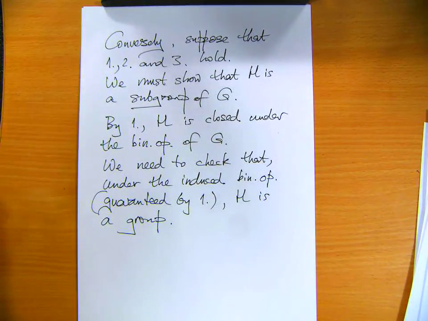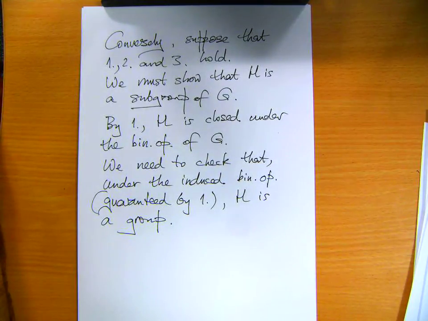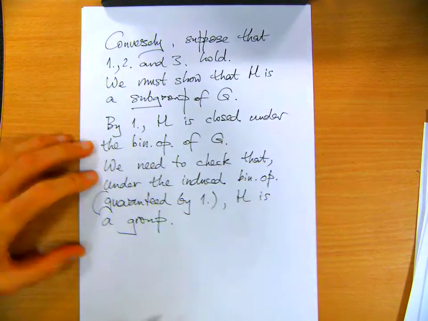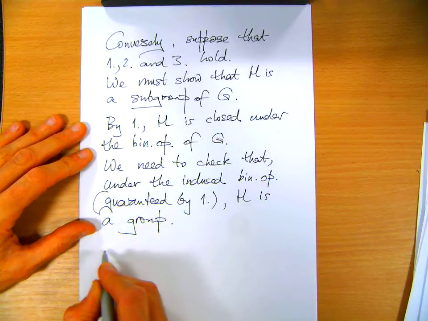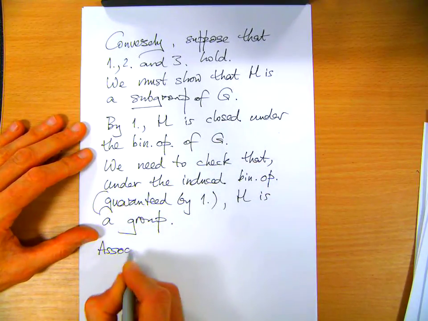So now we have to go right back to our definition of group. So we had curly G1, curly G2 and curly G3. That was Fraleigh's way of denoting the 3 axioms for a group. We've got to check that they're all true. So associativity is one thing we have to check.